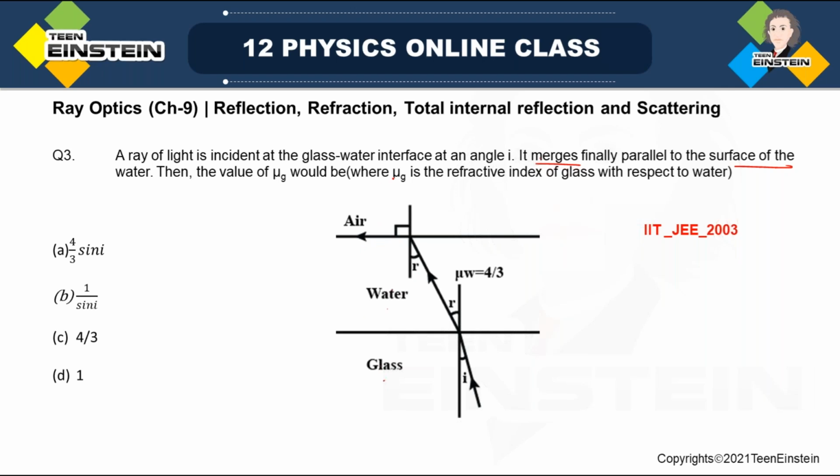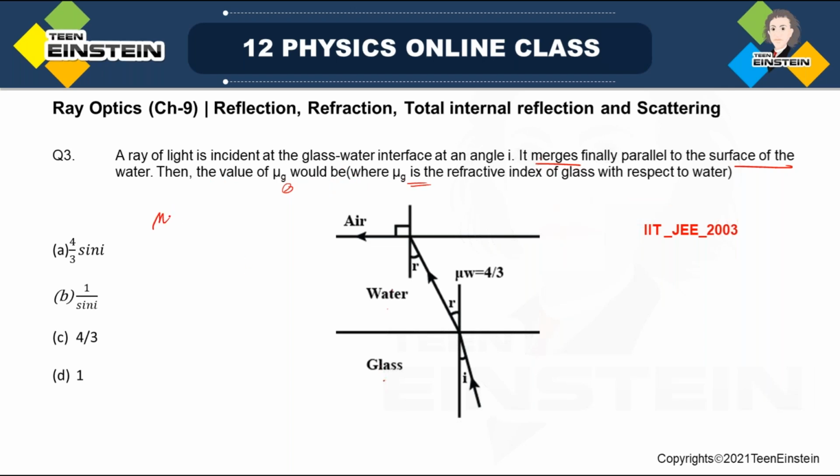Now you have to find out mu g, the refractive index of glass.